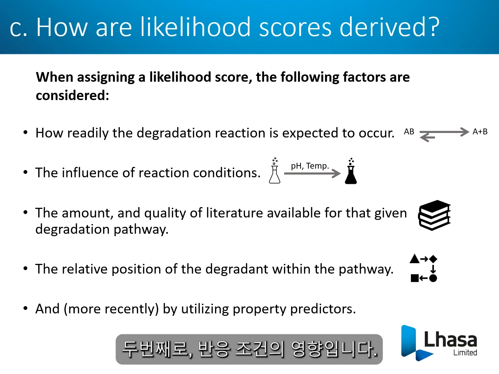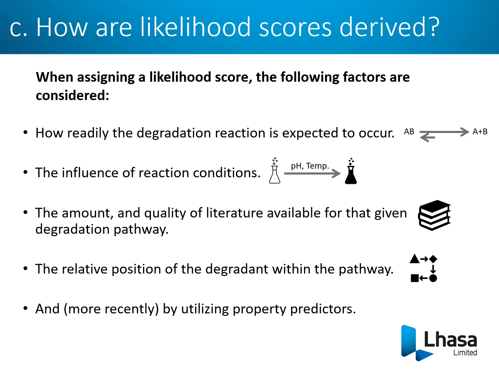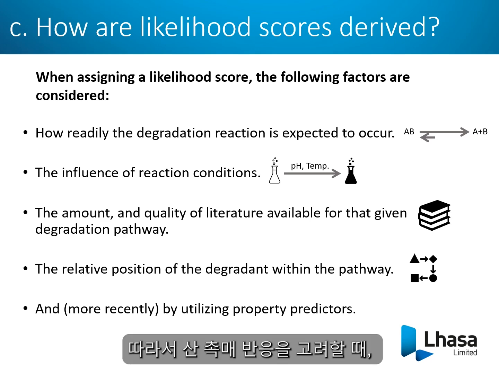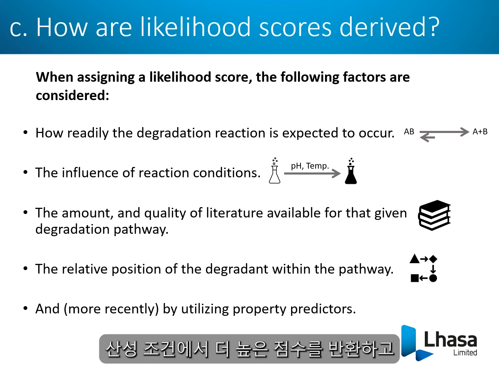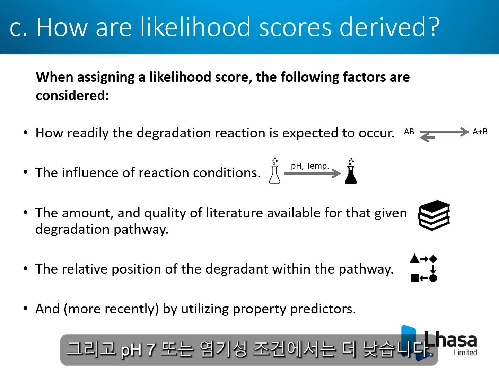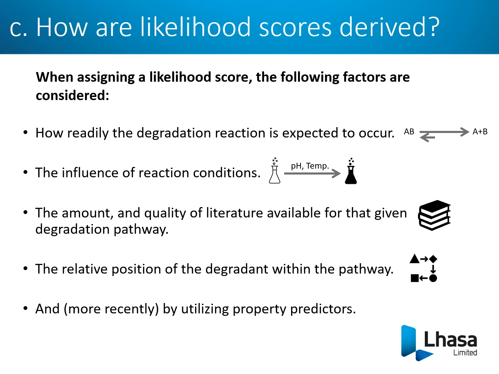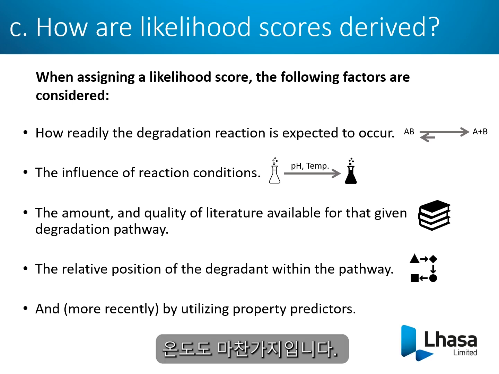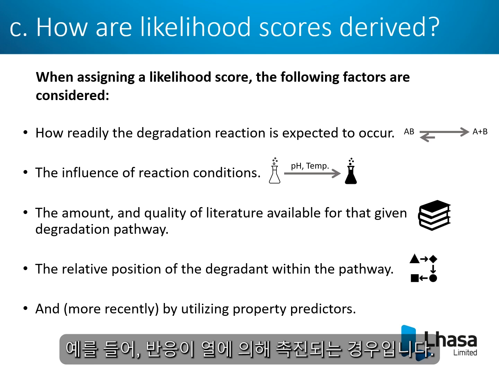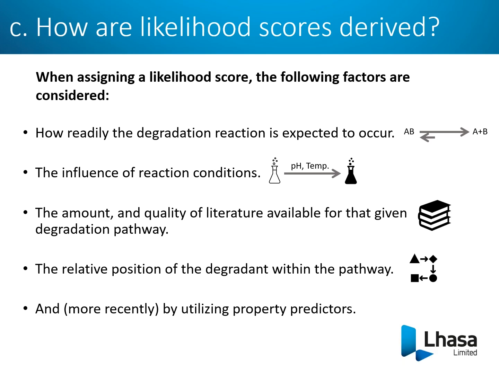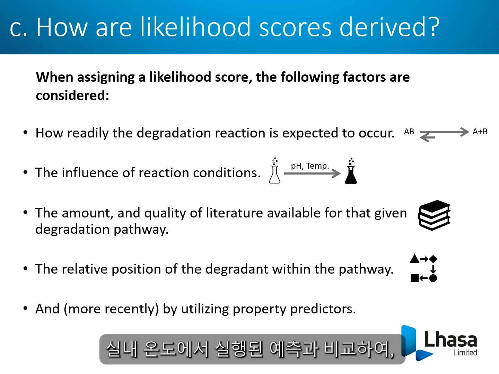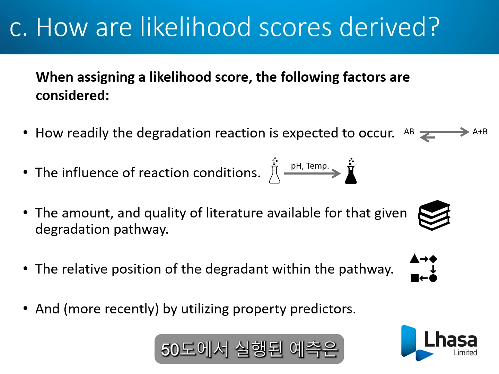So if we are looking at an acid-catalyzed reaction, it will return a higher score in acidic conditions and a lower one in pH 7 or basic conditions. The same is true for temperature. For example, where a reaction is driven by heat, Zeneth will return a higher score if the prediction is run at 50 degrees when compared to a prediction ran at room temperature.